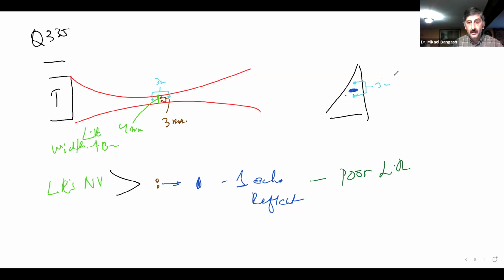So you have two echoes at a distance of 3 millimeters. But this would be your axial resolution.